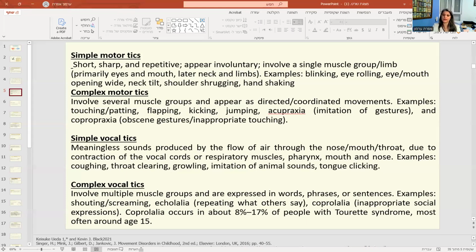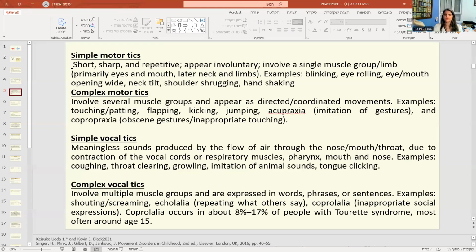When I talk about vocal tics, the simple vocal tics are meaningless voices or sounds produced by the flow of air through the nose, mouth, or throat due to contraction of the vocal cords or respiratory muscles, pharynx, mouth, and nose.